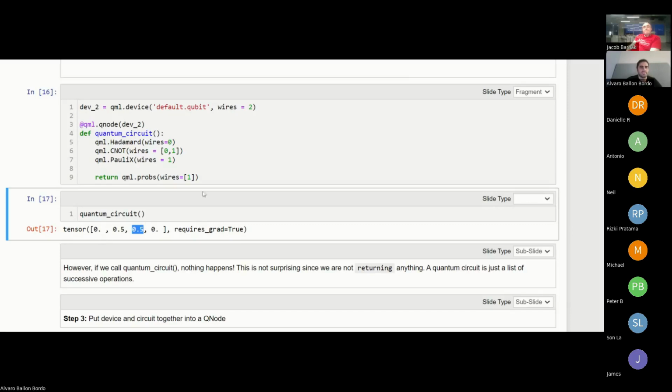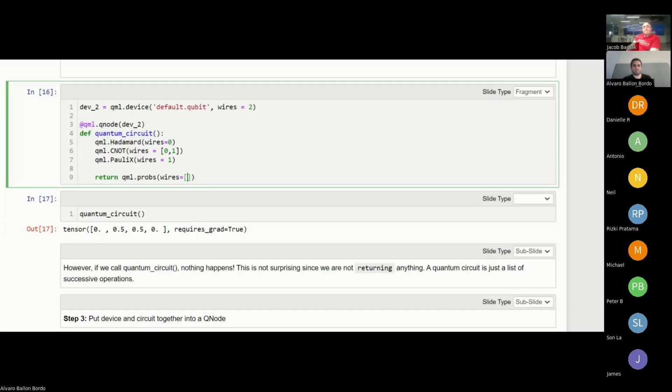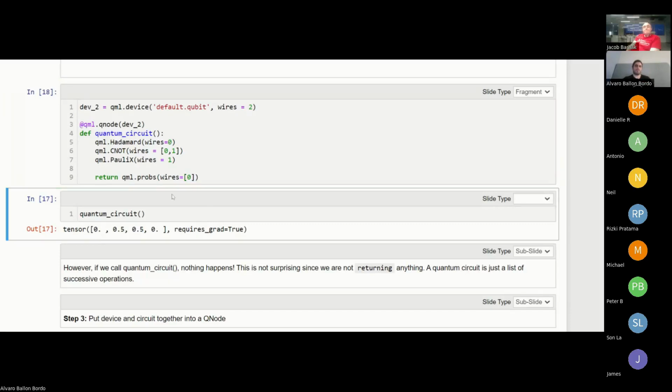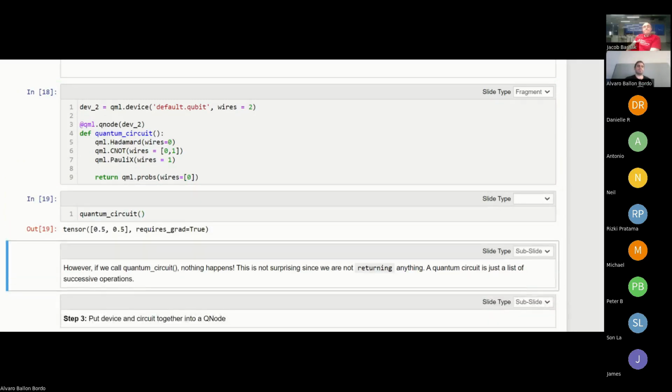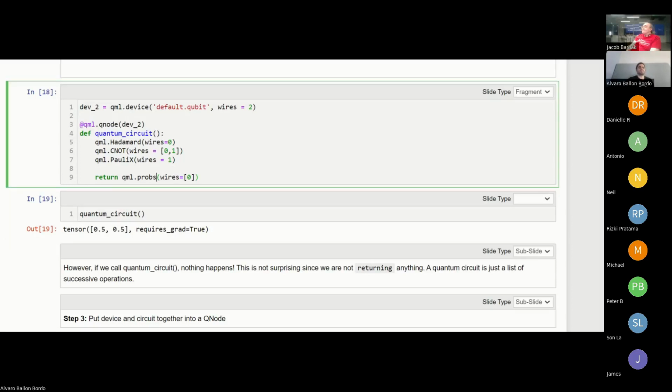This is the first term that counts. So if I want probabilities for the first qubit, I would have to do the same, then write it, and then I would get, oh, for the first qubit, it will say I have a 0.5 probability that it's in 0, and a 0.5 probability that I will measure it in 1. And there's many more things that you can return here. For example, because this is the statistics, right?